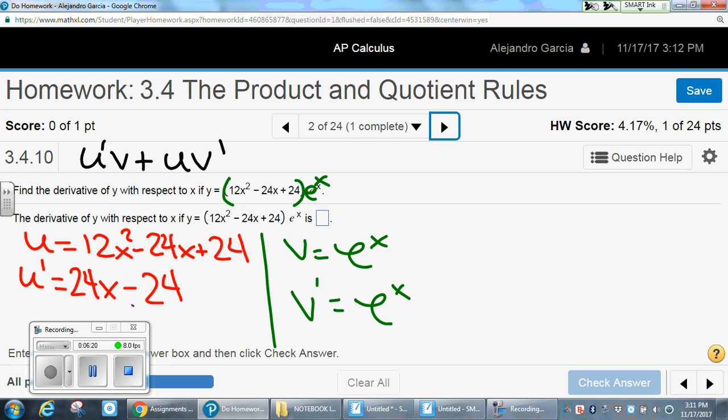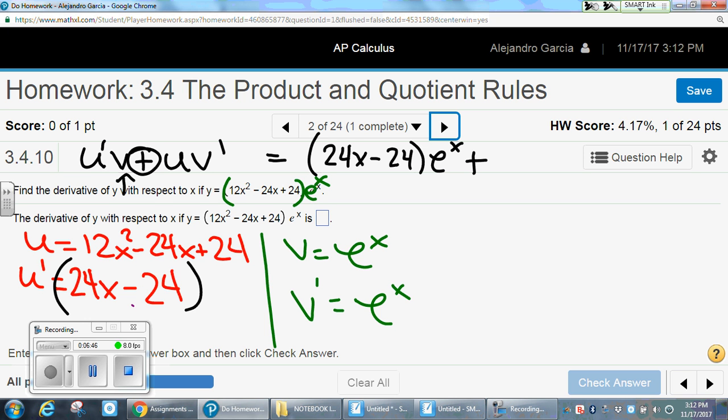Okay, so now we just need to arrange them nicely. So for u prime, we have it here. So it will be 24x minus 24 times, and now we need v, that was e to the x. Then we will have a plus that comes from the formula.